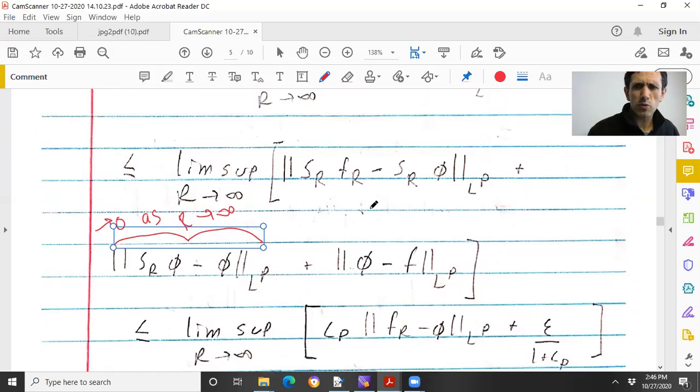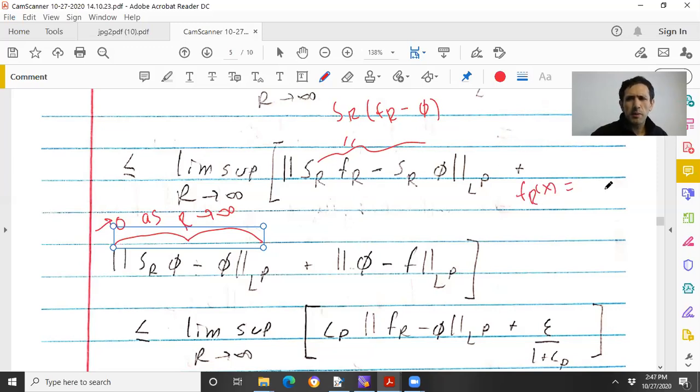Okay, well, right, so for this one, this whole thing here is going to be S_R applied to f_R minus the Schwartz function. And remember that f is in L^p, and hence when you multiply by the characteristic function of the ball with radius r, center 0, f_R is in L^1. f_R, again, is the same thing as f, just multiplied by this characteristic function.